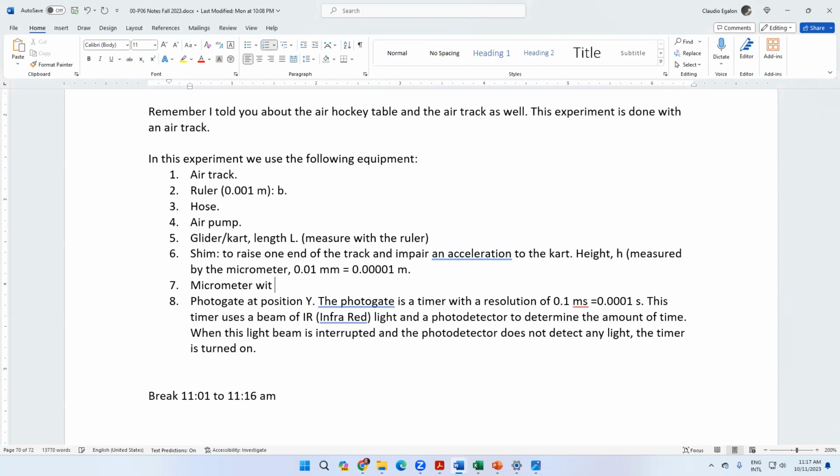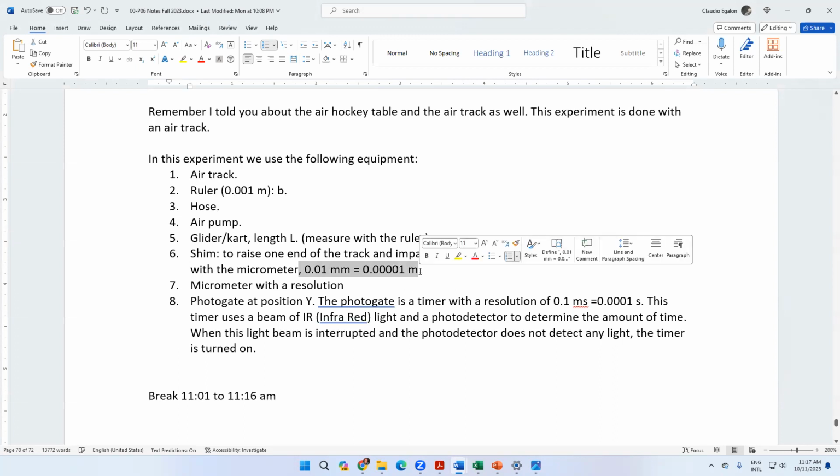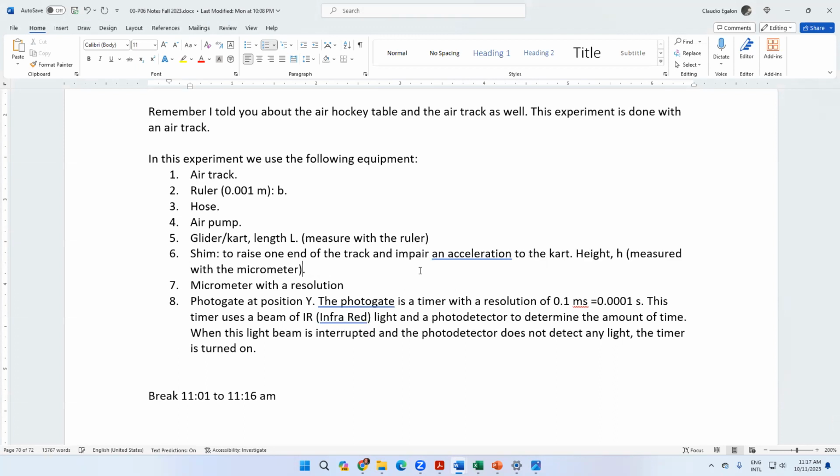Resolution. And we are using a photo gate measured with the micrometer. And I put the resolution here on the other. Hey, wait a minute. Micrometer. Yeah, that's the resolution of the micrometer. Here you go.